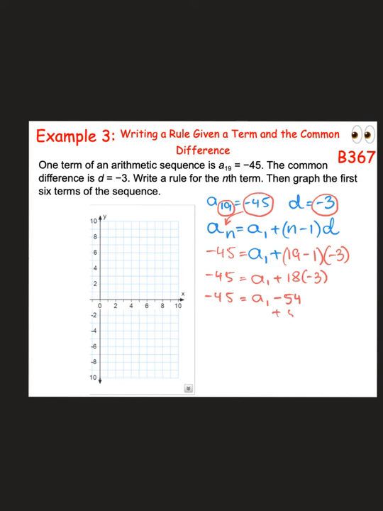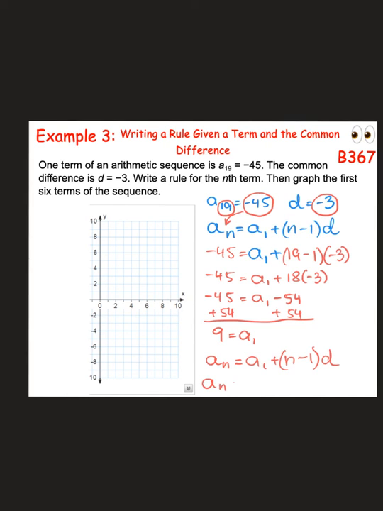We add 54 to both sides, and we'll have 9 equals a sub 1. So therefore our first term is 9. So now we can write the rule for our sequence. Again, we go back to a sub n equals a sub 1 plus n minus 1 times the common difference.